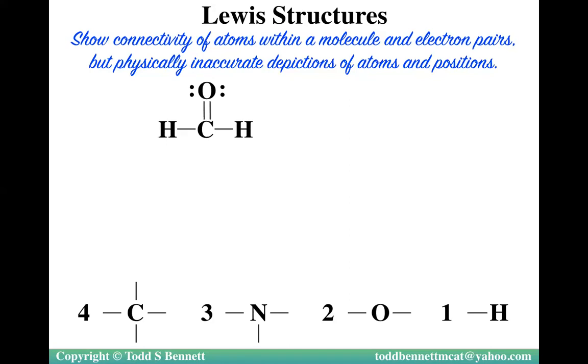So breaking it down, this is a lone pair and this is a lone pair, meaning 1, 2 electrons here, 1, 2 electrons here, so that there are 4 electrons around oxygen that are not involved in a bond. And then this line right here represents a bond from oxygen to carbon, and the second line here, the 2 parallel lines, represent a second bond. So we'll call this a double bond between oxygen and carbon. There's 2 electrons per bond.